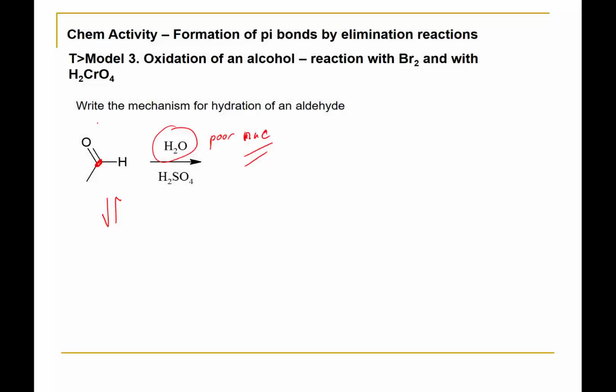Now the oxygen of the aldehyde is not particularly basic, and so the equilibrium is actually going to lie in favor of the aldehyde. But all we need is a small portion of the hydrate to form, and then with their subsequent reaction, the equilibrium in a sense will be driven forward as more and more product forms. So given that we have some aqueous acid, we might imagine that we can use a hydronium ion as the source of a proton.